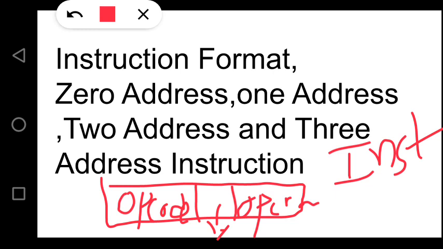With the address present in MAR, you identify the particular memory location and fetch the instruction present there, copy it to MDR. From MDR it goes to IR, the instruction register.